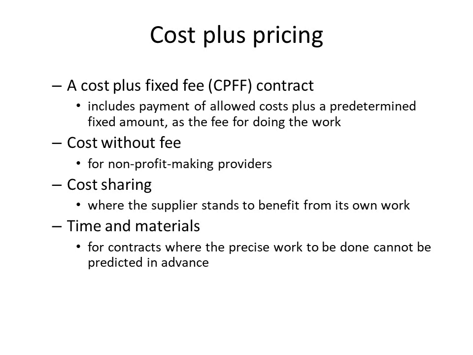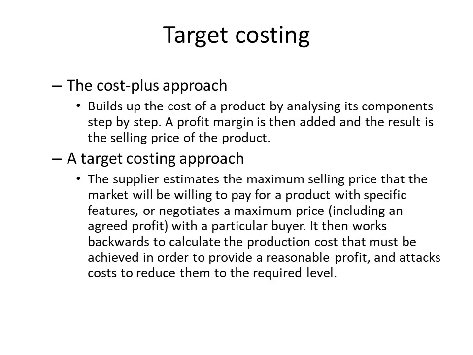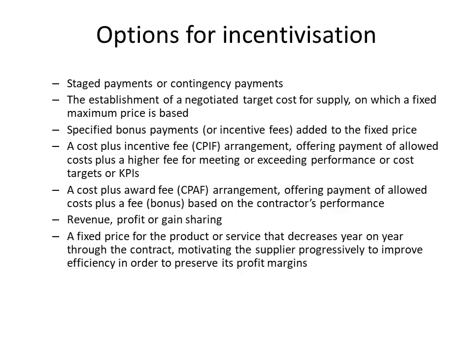So there are 4 versions of cost plus. Target costing is quite common in the automotive industry, where suppliers may be given a price to aim for, and there is the cost plus approach.